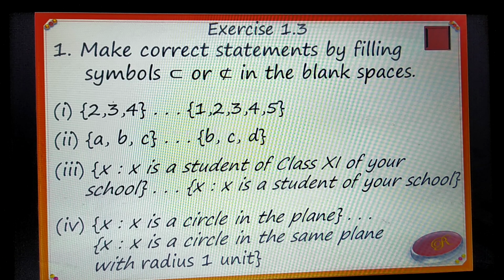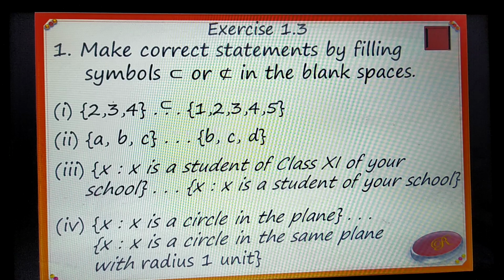The set with elements 2, 3, 4, dash, the set with elements 1, 2, 3, 4, 5. Solution. The first set is a subset of the second set because every element of the first set is also an element of the second set.